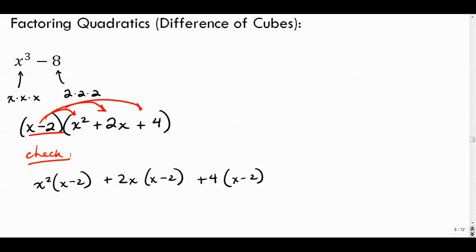In other words, this binomial sort of gets distributed or spread out among all three of the terms in the trinomial here. So let's see, we got distributive again, so that's x to the third minus 2x squared plus 2x squared minus 4x plus 4x minus 8.